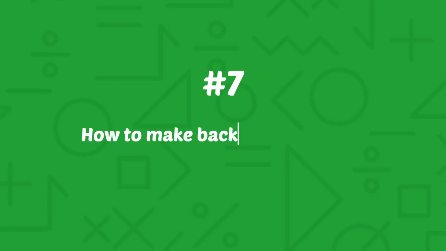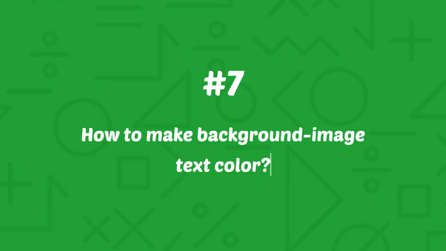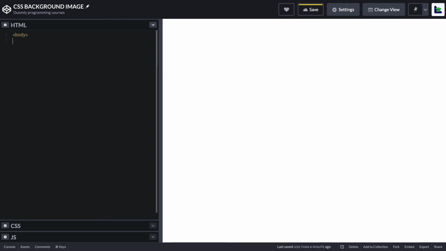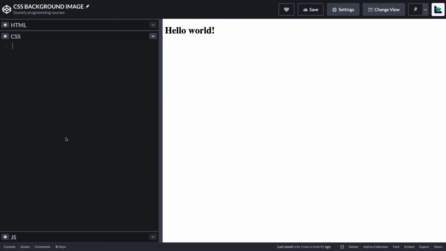And this one is about setting a background image as a color of your font. Again, let's start from a simple HTML, but right now we will need any text inside our body. So let's add h1 with hello world. And now let's go to the CSS, and we are going to style our body because we want the header to be centered.